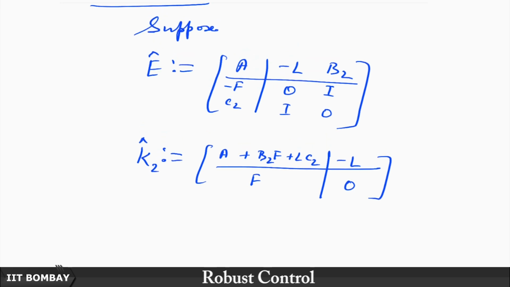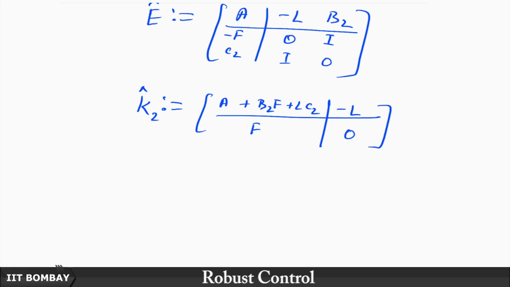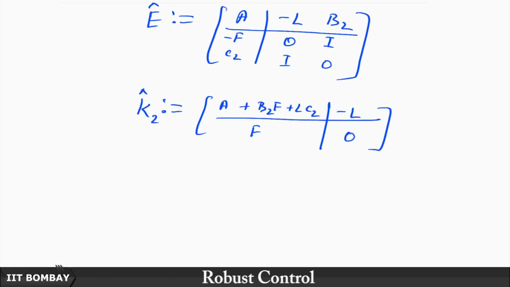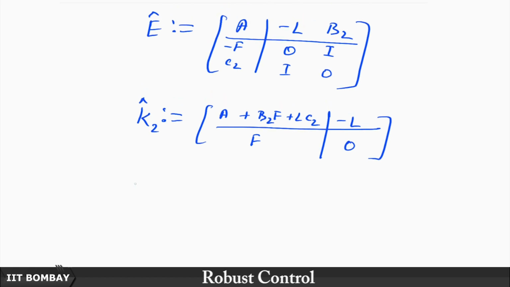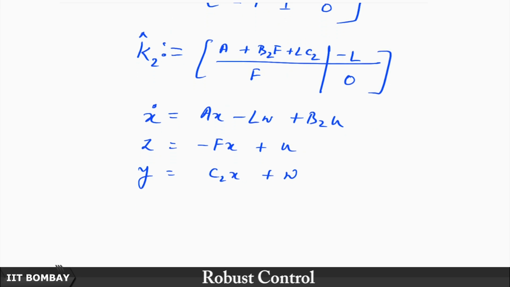So let us look at this E hat here and this K2 hat here. Now what does the state space realization of this E hat and this K2 hat together entail? We can write x dot is equal to Ax minus Lw plus B2u, z is equal to minus Fx plus u, y is equal to C2x plus w.